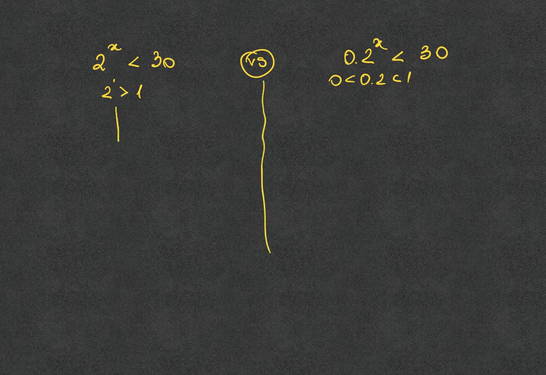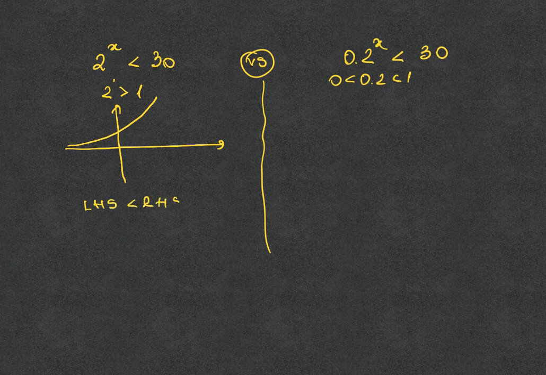Now think of the graph of y equals 2 to the power of x. If the left-hand side is smaller than the right-hand side, that's your inequation. Then your left-hand side is, let's say, somewhere here, or can be negative, doesn't matter, and your right-hand side is somewhere here.